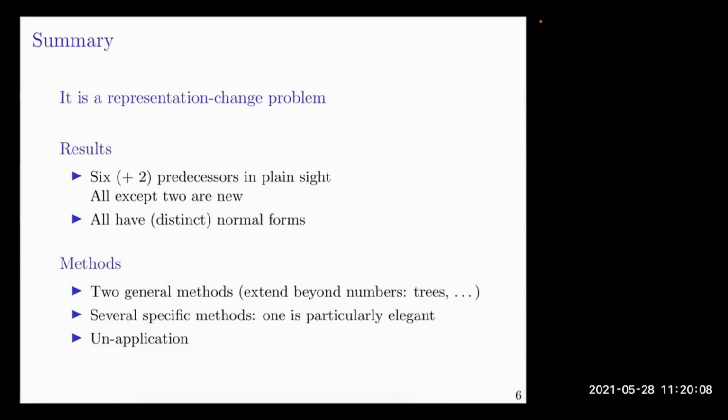And more interesting are the methods. There are 2 general methods which extend beyond numbers. Using these methods, you can find a predecessor not only on numbers but on any algebraic data type. For example, for trees, where the predecessor is getting the left branch or the right branch or something like that. And there are several specific methods. They don't generalize too well, but on the other hand, they are more elegant, and one of them is particularly elegant, and I think this is a nice contribution.